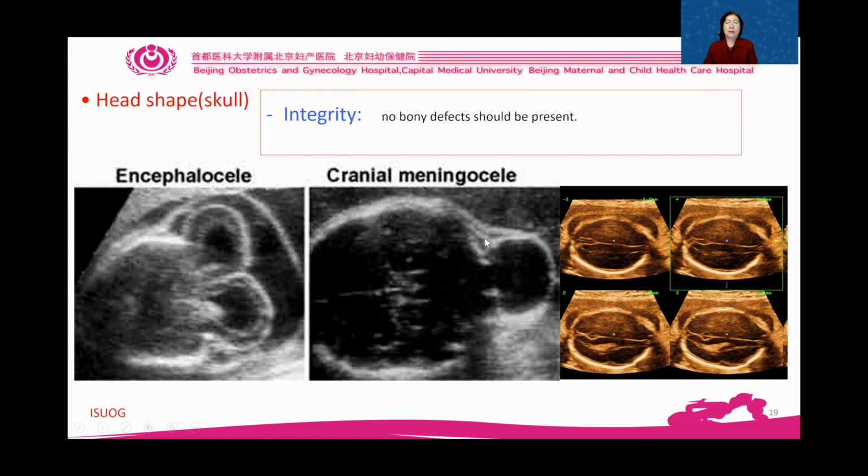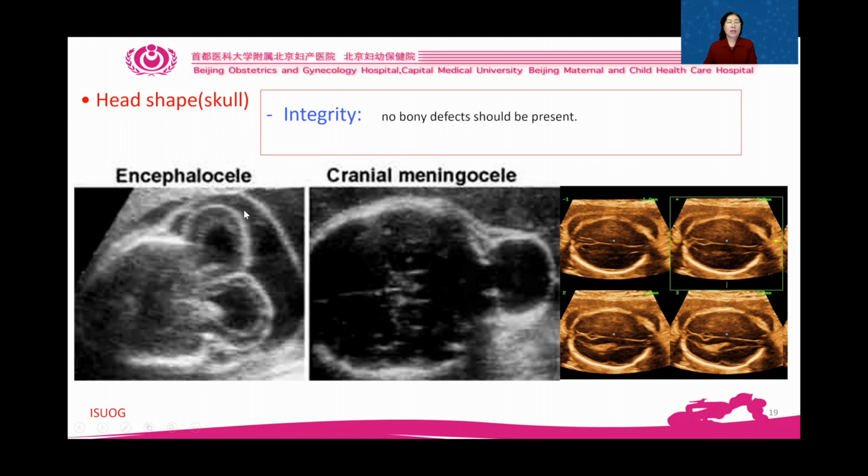there is meningoencephalocele here, because the brain tissue can extrude through defects on the front of the occipital bones.